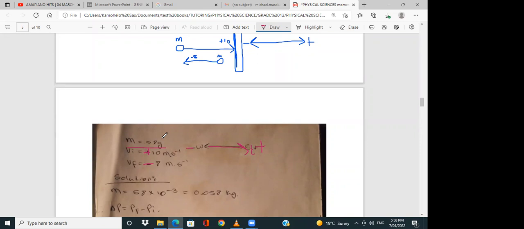It doesn't matter if they give you milligrams, micrograms, nanograms or anything like that. Convert whatever they gave you into kilograms. If they gave you kilograms, you're fine. If they give you anything other than kilograms, convert that into kilograms.